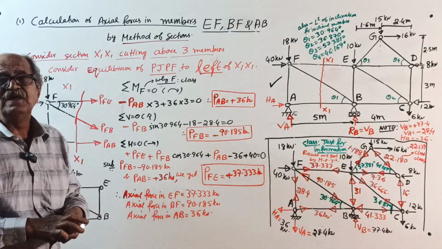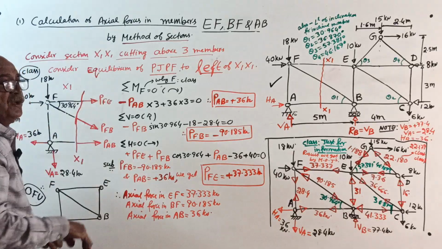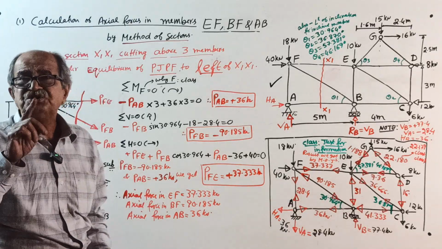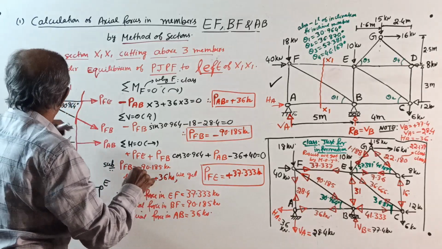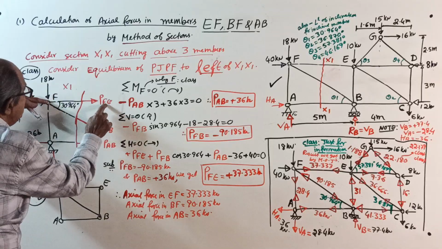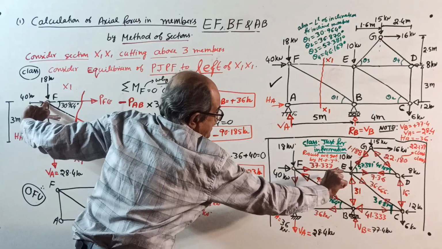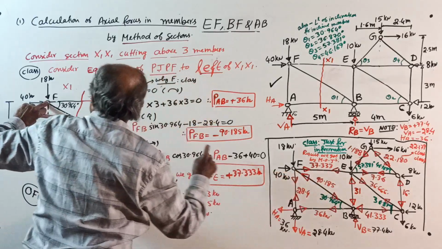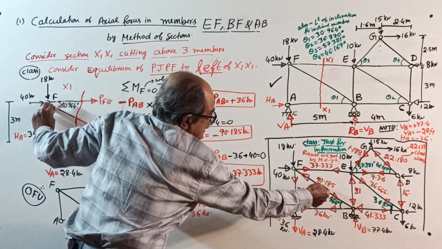People who say internal do not know the basic concept. Now, by chance, if your question is to verify the result, then see here: FE, you take the right side, this way, going away. FB, you take coming towards the joint.